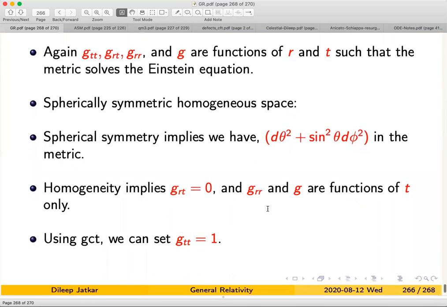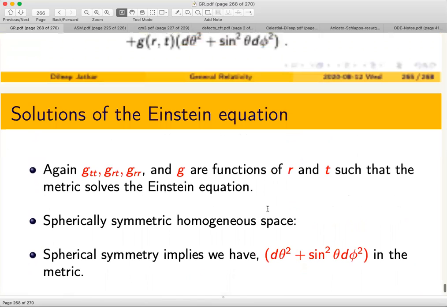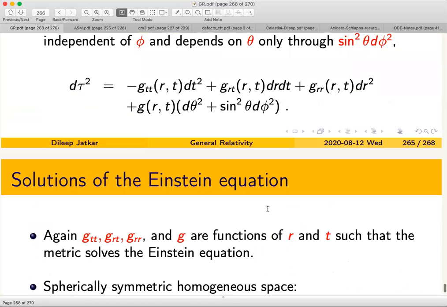If you do that, then you can look at this metric. You set g_rt to 0. You say that this is a function of time, this is a function of time, and this is also a function of time because of the translation invariance. But if g_tt is a function of time times dt squared, you can just redefine time.